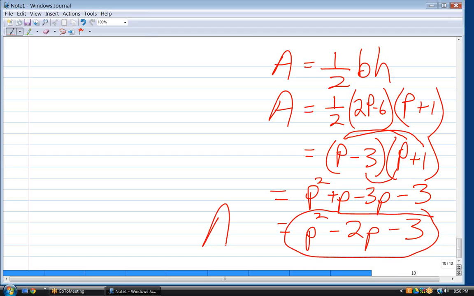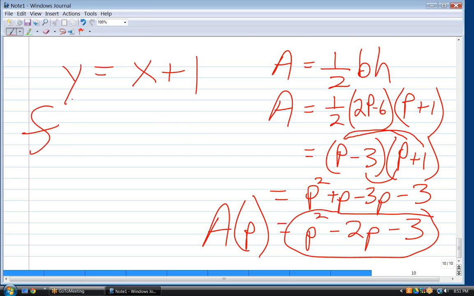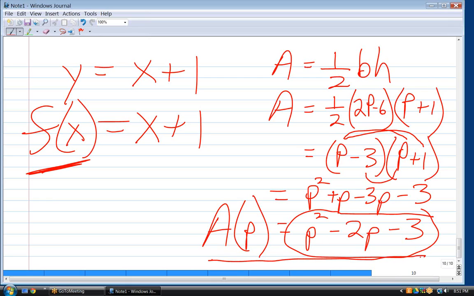Okay. And I could even say that its area is a function of p. You know how they'll use f of x instead of y? Right. Where if I say y is equal to x plus 1, well, I could say f of x is equal to x plus 1. And that makes sense because what this means is I have a function and the variable is x. Well, down here, I have a function and the variable is p.